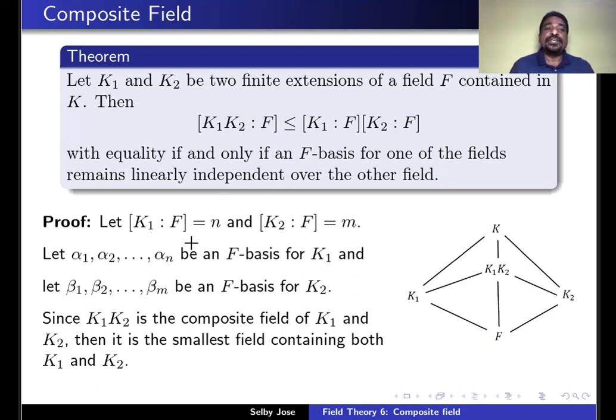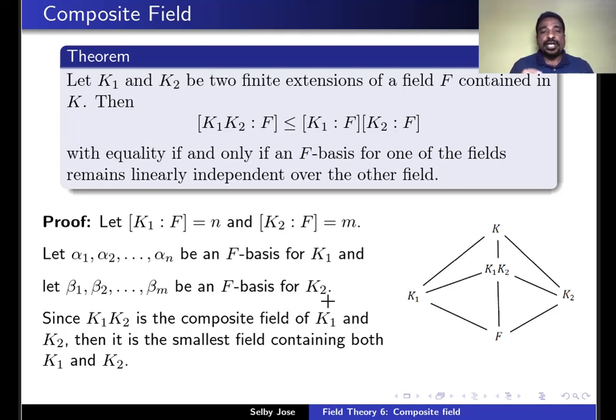Suppose the degree of the extension K1 over F is equal to n and the degree of the extension K2 over F is equal to m. This means that the dimension of K1 as a vector space over F is n and the dimension of K2 as a vector space over F is m. Let alpha 1, alpha 2, ..., alpha n be an F basis of K1 and beta 1, beta 2, ..., beta m be an F basis of K2.